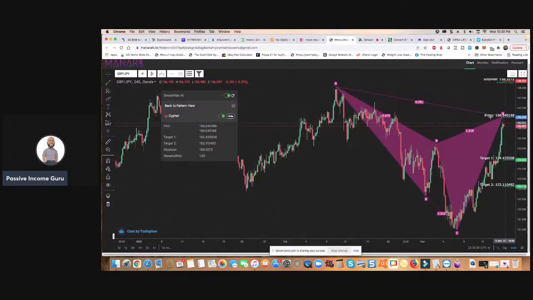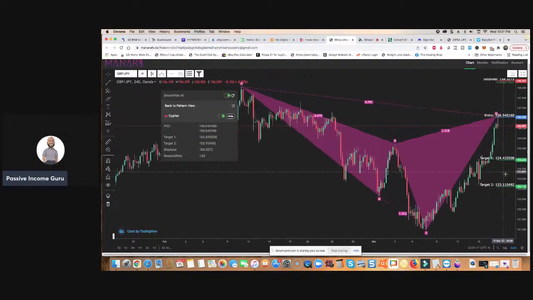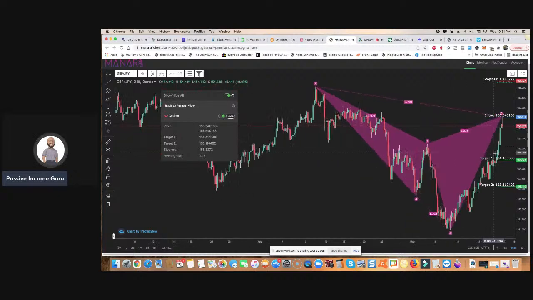And then you get the setups. Menara pretty much caught the pattern, saw that there was a lot of resistance here and placed the trade. So you have the entry point, and you have the target, and then you have your stop loss right here, guys. That's it. That's all you have to do.